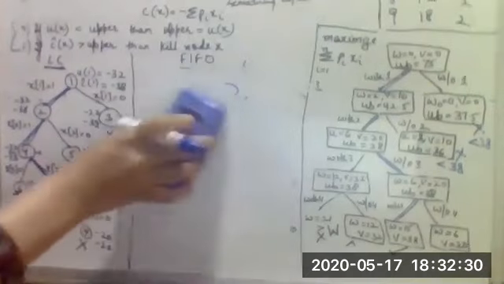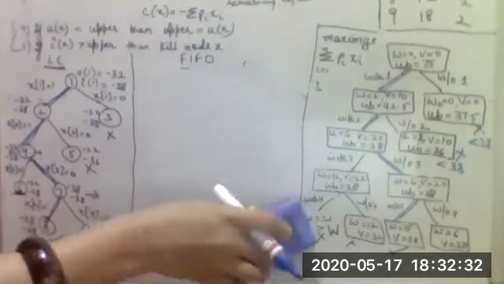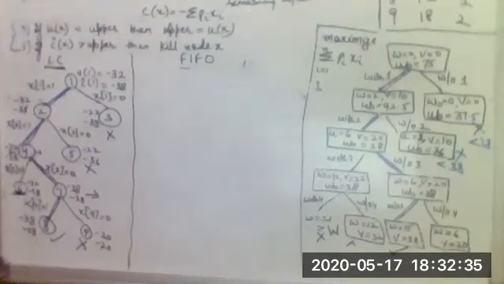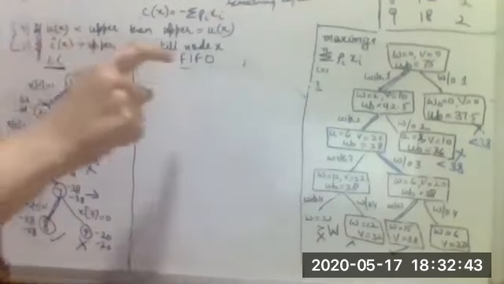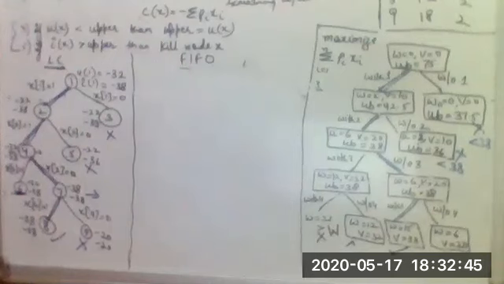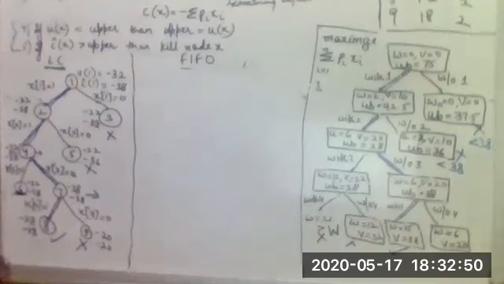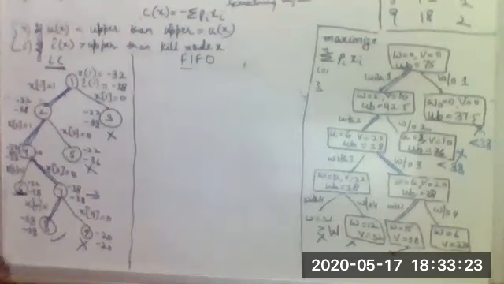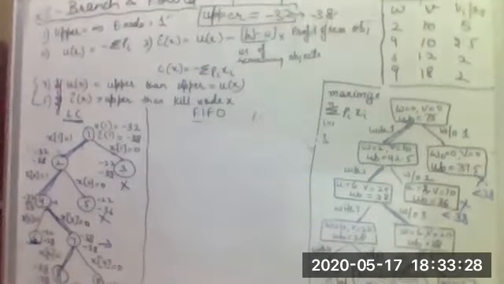Now with a min heap, you have to use this min heap data structure, which takes a lot of space. Whereas when we talk about FIFO, it is first in, first out. That means the node that comes in first is processed first. So it is going to work on this particular basic concept of FIFO. FIFO actually works on the same concept that we have worked for the LC.